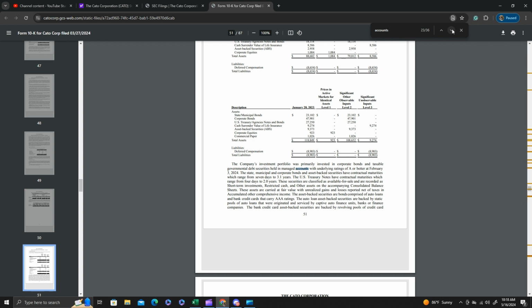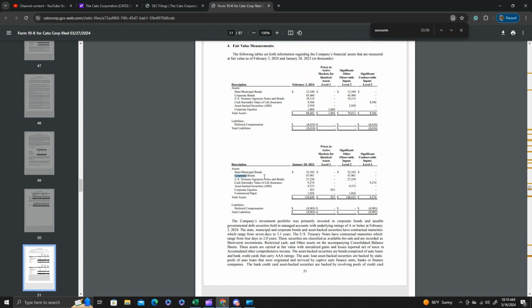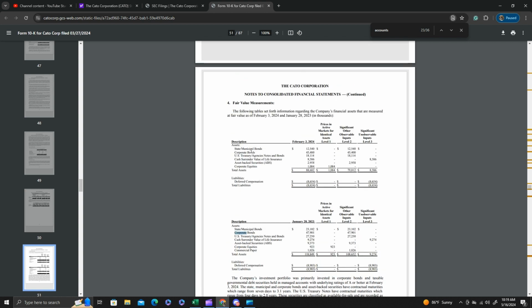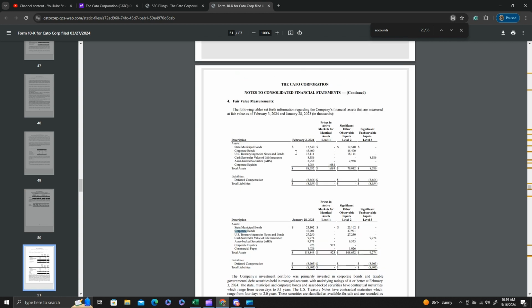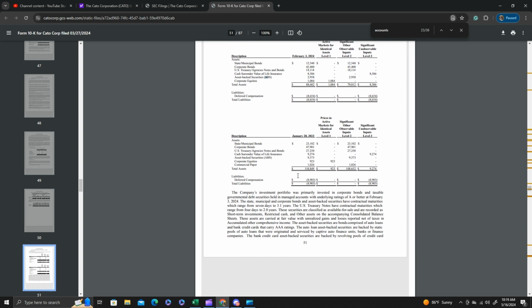Yeah, most likely, if it's a company like this, oh, here we go. Oh, okay, so this is what we get. I think this is their cash and their short-term investments. Okay, so now we get an idea. All right, so it's mostly in corporate bonds and stuff like that.